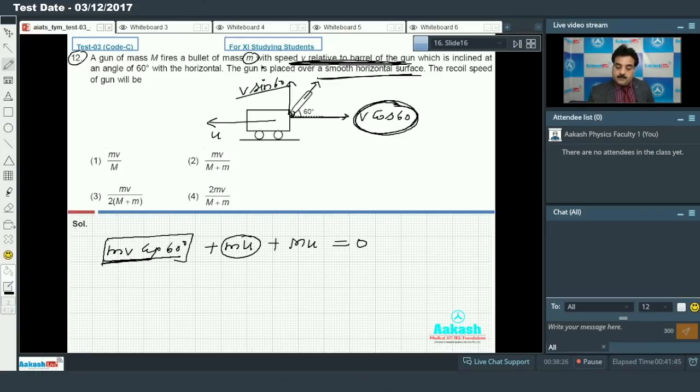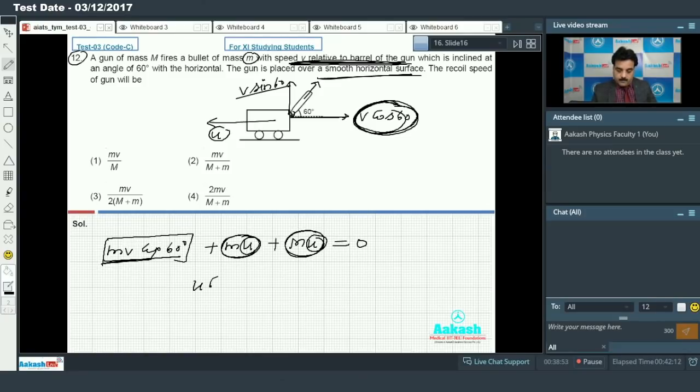But the question says with speed v relative to the barrel of the gun. That's why I am going to take this M u, because the direction will be opposite in terms of relative velocity. You can do this, and this is the linear momentum of the bullet, and I need this value of u. मुझे ये u चाहिए. So we can write this.